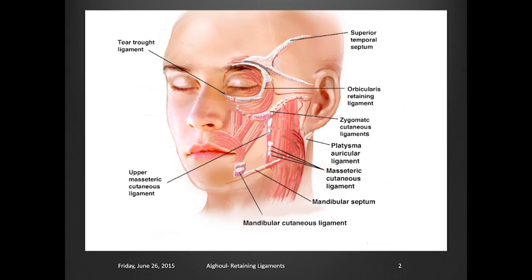For example, we have the superior and inferior temporal septum and their relationship with the temporalis muscle, the orbicularis retaining ligament and its relationship to the orbicularis muscle, the zygomatic retaining ligament and its relationship to both the zygomatic arch, zygomaticus major and minor, and then the masseteric retaining ligaments and their relationship to the masseter muscle, and the mandibular cutaneous ligament and its relationship to the depressor anguli oris muscle.